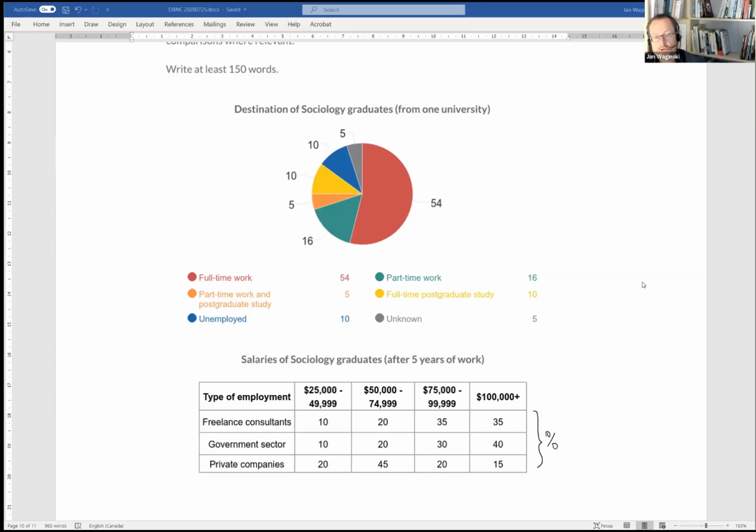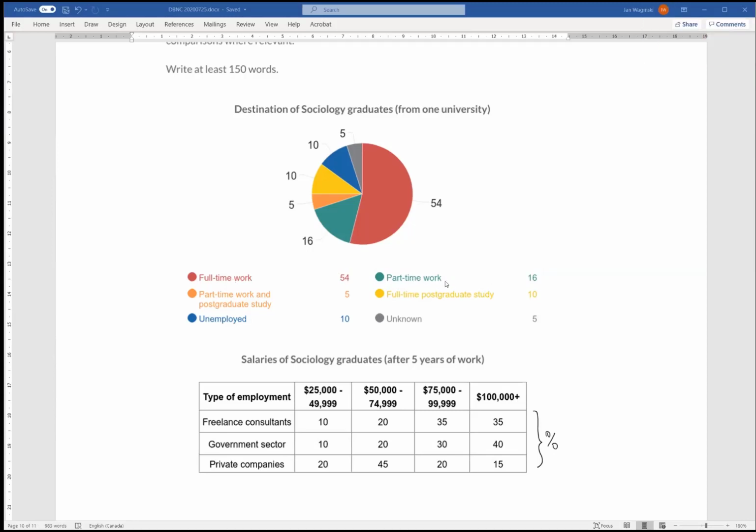This is an opportunity to use kind of straightforward comparison language. So if you say 54% work full-time, you could say roughly a third as many, 16%, found part-time work. Or you could also start by saying that 70% work full-time.